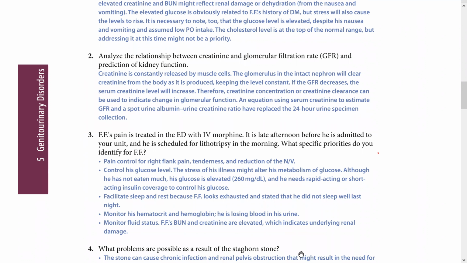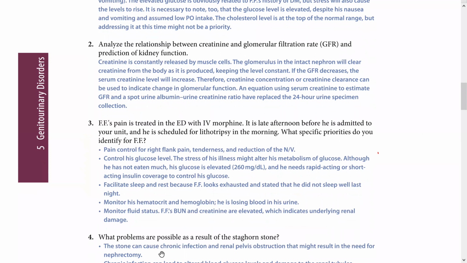You can have a pelvic obstruction, and not in your, but a renal pelvis obstruction. That can also cause the patient to have a nephrectomy, so the kidney would have to be removed. Chronic infection can lead to alterations in blood glucose and damage to the tubules, kidney swelling, permanent damage. They can have a complete obstruction. So that can affect the function of the proximal tubule and the glomerulus, which means our filtration rate is going to be diminished.